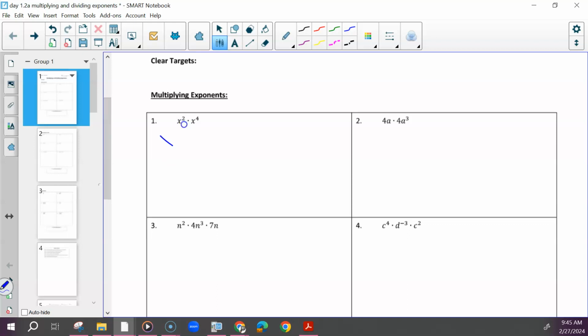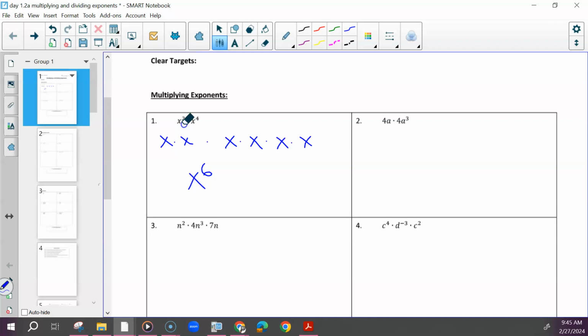That would be the same as me writing x times x. And then x to the 4th would be the same as me writing x times x times x times x. How many x's would we have total? 6.